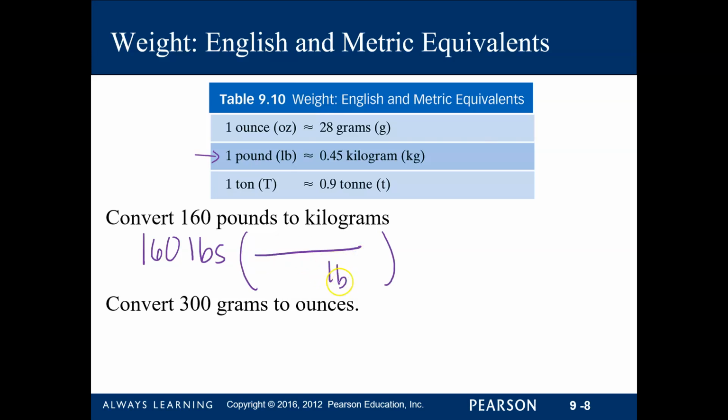We are given pounds and we need to convert to kilograms. For pounds on top, how many pounds? That's going to be 1, and kilograms will take 0.45.